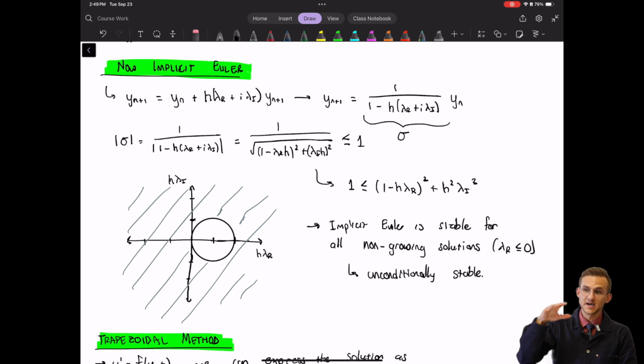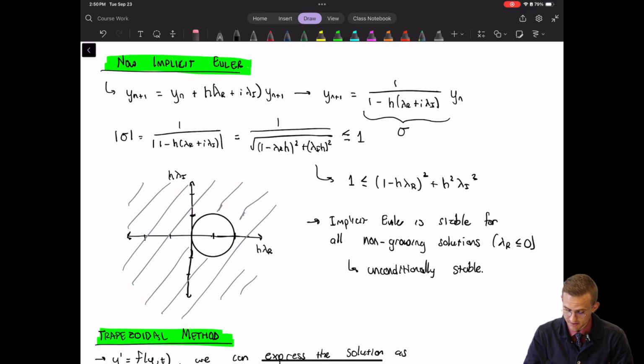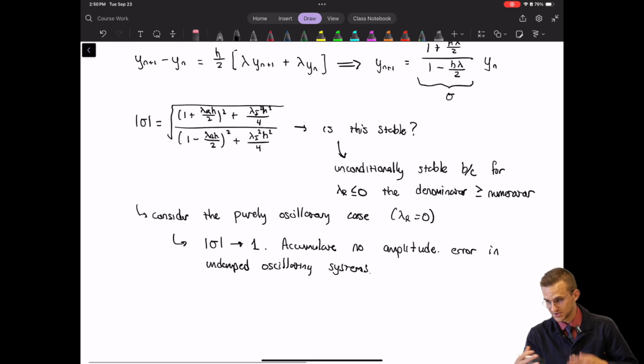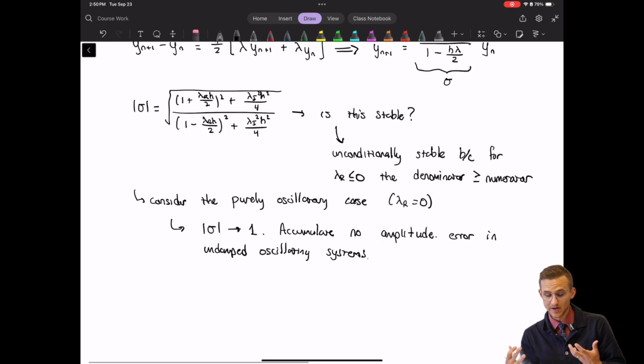So actually over time, your oscillations are getting damped, even though that's not a real part of the solution. Okay? Does that make sense? So you're actually picking up some amplitude error with implicit Euler, and that has to do with the lower order of accuracy of implicit Euler. But it also has to do with just the dynamics of how implicit Euler works numerically.